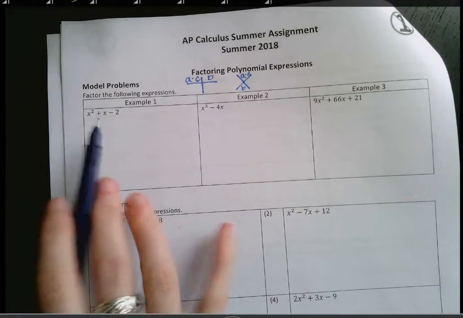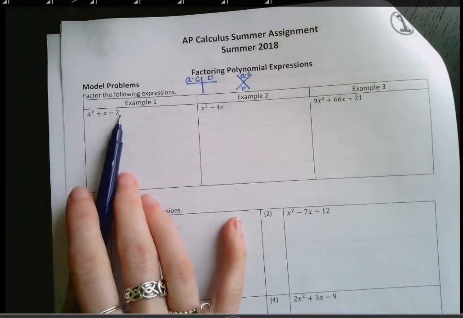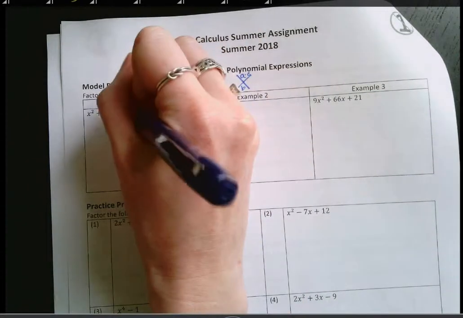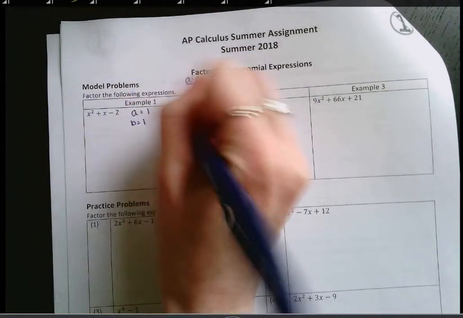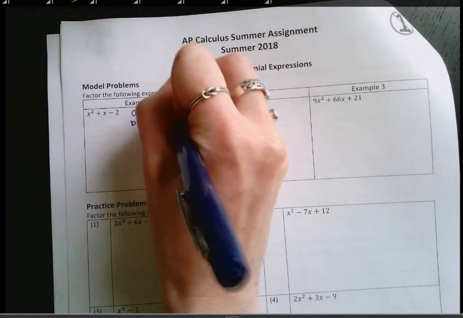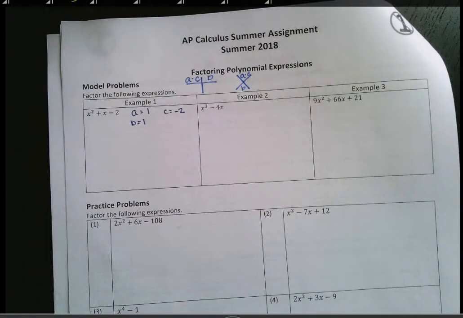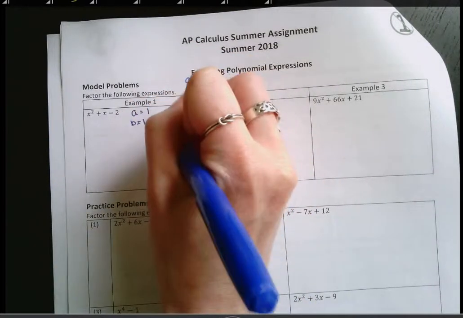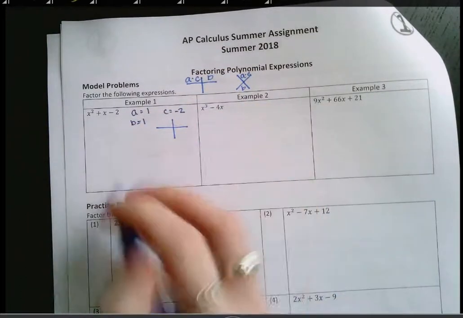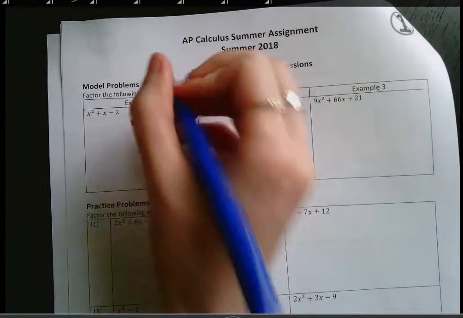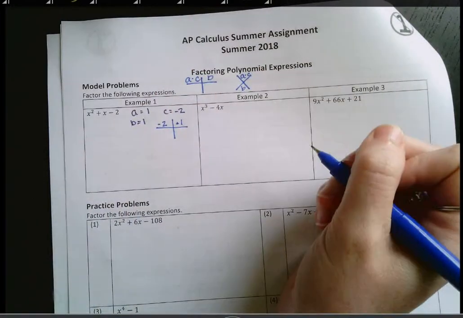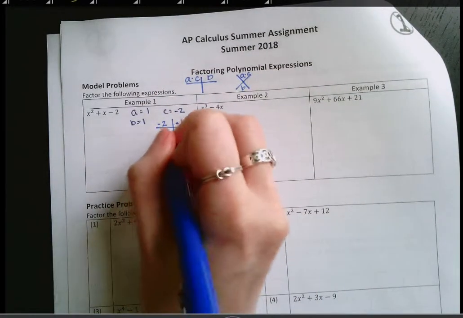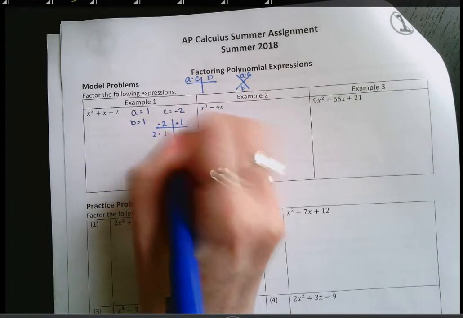So if I look at this one, I have x squared plus x minus 2. So what I would do is I would say, okay, well my a value is 1, my b value is 1, and my c value is negative 2. So if I set up that table here, I would say, hey, what multiplies to a negative 2, but adds to a positive 1? So I'm thinking, okay, well, to get to 2, I need a 2 times a 1 here.